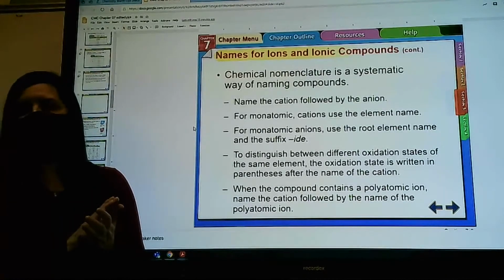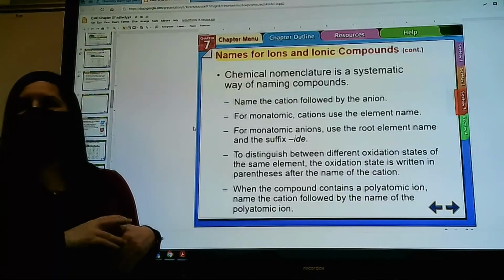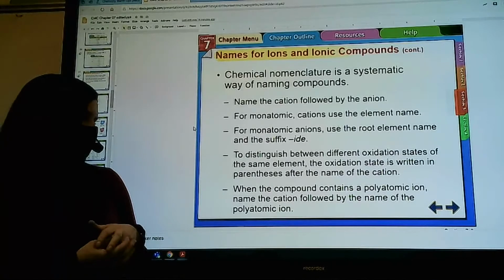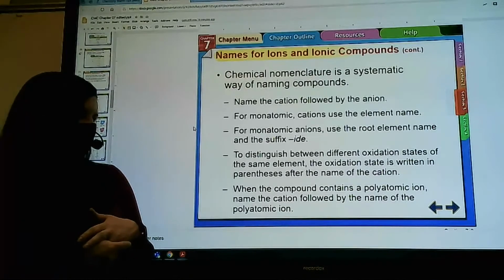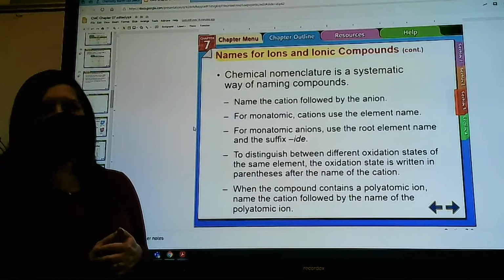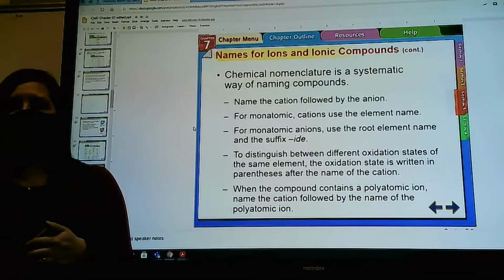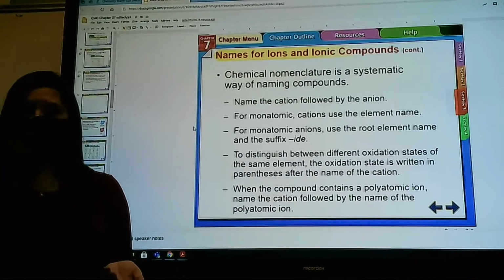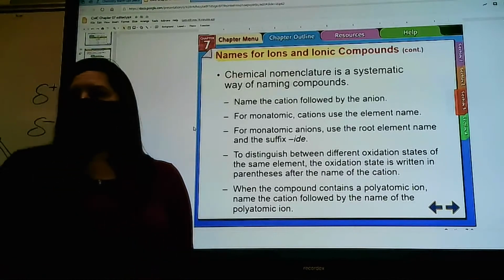You only need to do this if there is more than one. So don't do it for all the transitional metals. It's only necessary if there's more than one. And then if we have a polyatomic ion, we are just going to say the name of that polyatomic ion. We are not going to change the name and put the IDE there.